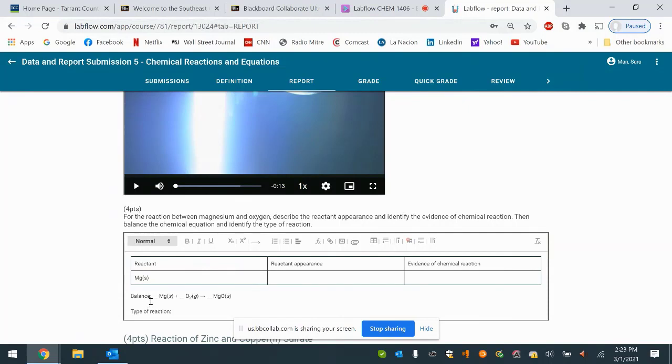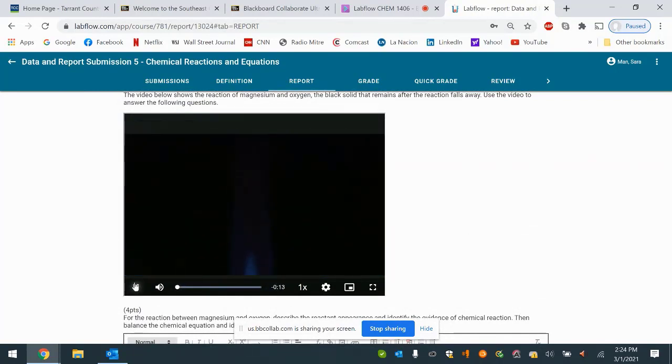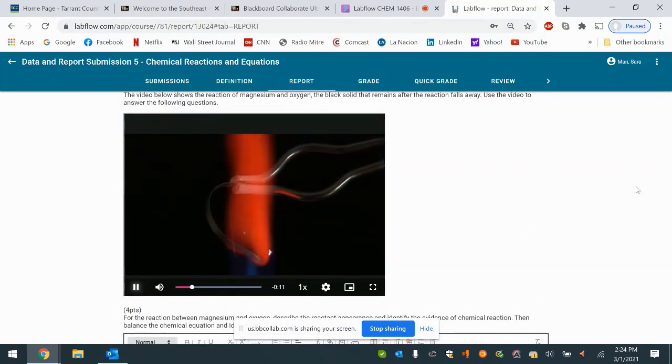And then you will be asked to balance the equation and to identify what type of reaction you have. This has to be one of the 5 that we went over. If it's a decomposition, if it's a combination, and depending on the reaction. So let's look just as an example at this video, just to guide you.